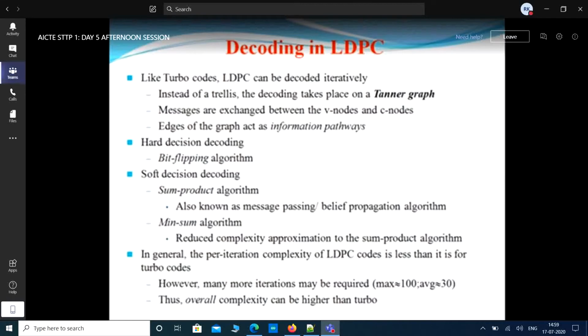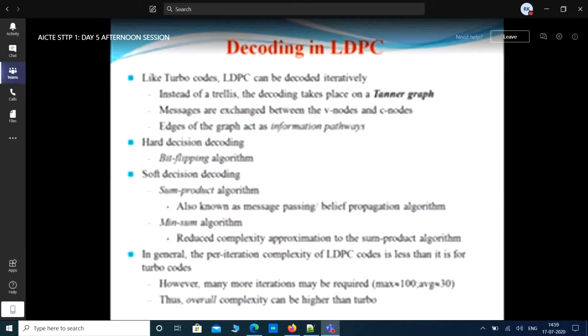So the maximum and average iterations. Suppose we go even up to 1,000 iterations, but it is not giving the best performance. So how many iterations should be considered? Already we have taken 1,000 iterations, but still it is not giving better performance.